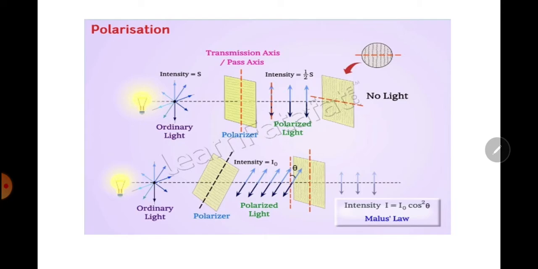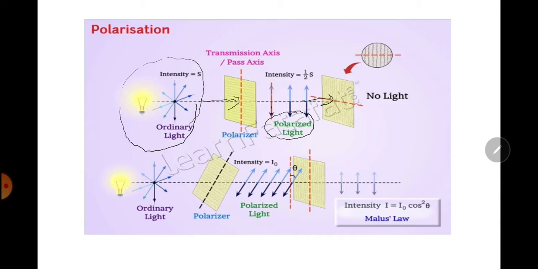Now, if you look at this diagram, this is ordinary light, which has vibration in all planes. When it passes through a polarizer, the light gets polarized, and it is also blocked by the next polarized lens.